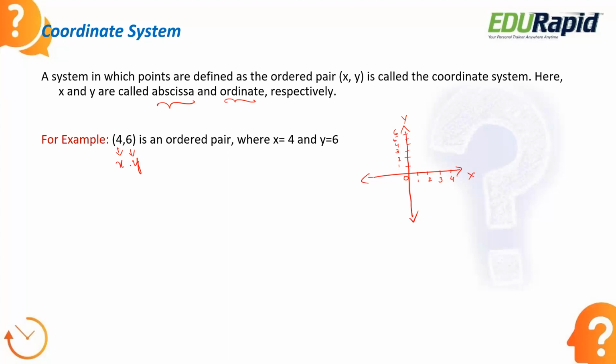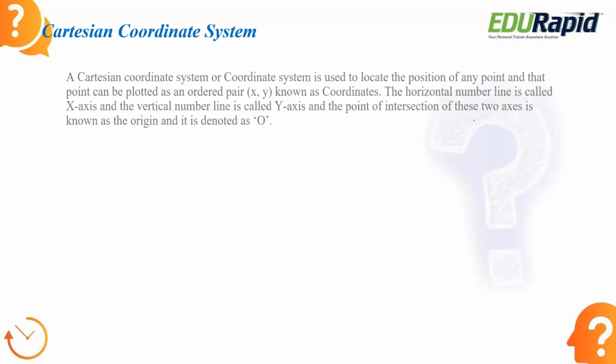Then if you were to plot this 4, 6 point on this graph, it would be somewhere over here. This would be your coordinate system, the ordered pair 4, 6, the point. We'll be seeing that again here.